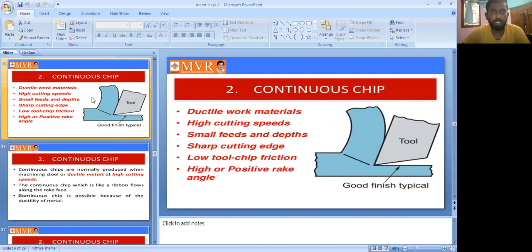Next is continuous chips. Continuous chips typically give good surface finishing. We use them for ductile work materials.